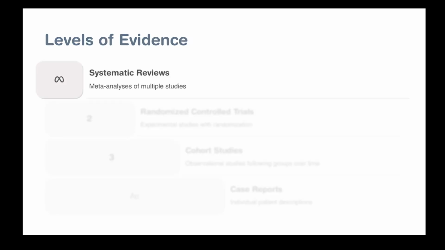Systematic reviews and meta-analysis of multiple studies, where already published studies will be analyzed by a qualified researcher, and after that the evidence will be put forth, and this is the highest level of evidence. And we have randomized control trials, which are experimental studies with randomization. If it is multinational, multicentric, and double blind or triple blinded, randomized control trials will yield a high level of evidence.